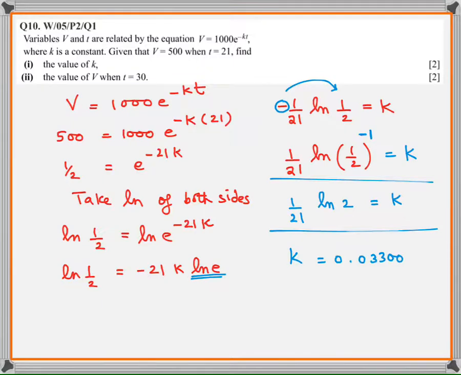If I say V is the population, basically it's saying that after 21 units of time, it could be 21 hours, the original population of 1000 becomes half of its original value. So it's dealing with the concept of half-life. We will study more about this in the next video.